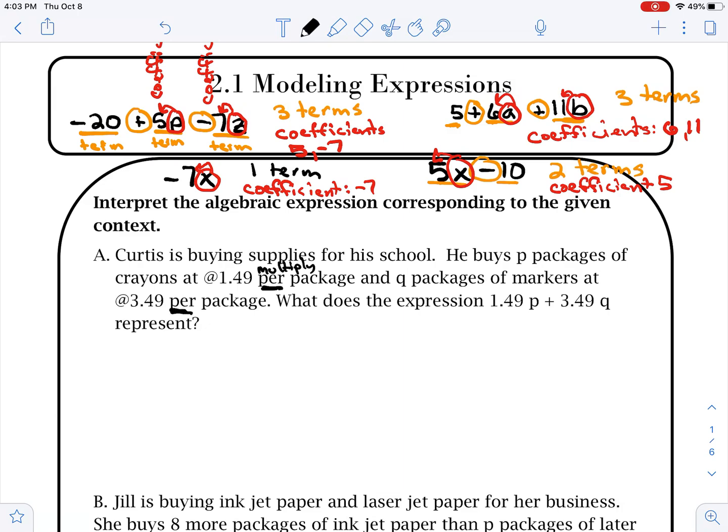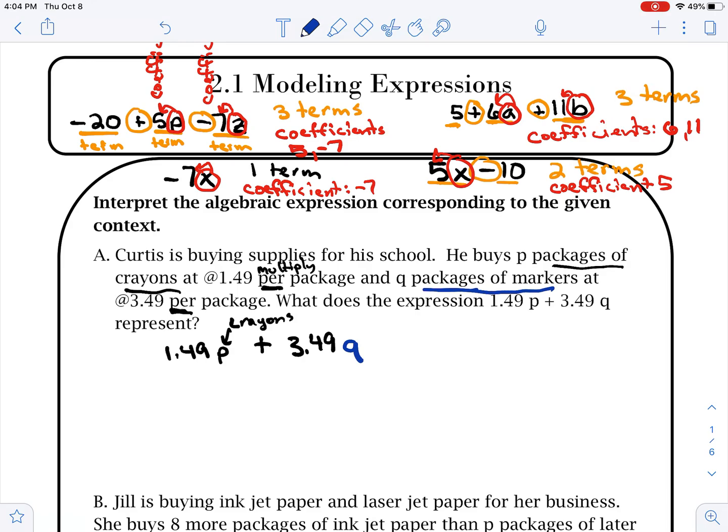So what is the expression? 1.49 times P. Remember, P right here was our packages of crayons, so this represented crayons, plus 3.49Q. Remember, Q came from right here: Q packages of markers.